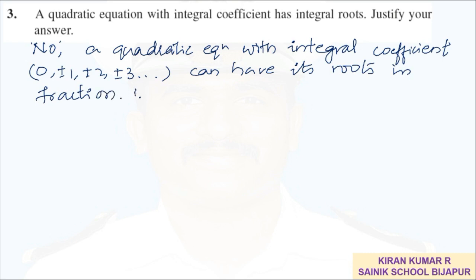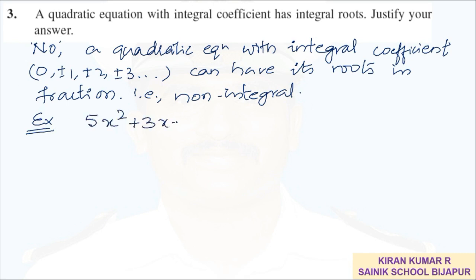that is, non-integer. So I can say non-integral. Let me give an example so that you will understand. 5x square plus 3x minus 8 equal to 0. All the coefficients are integers: positive 5, positive 3, negative 8. Let's find out what their roots will be.